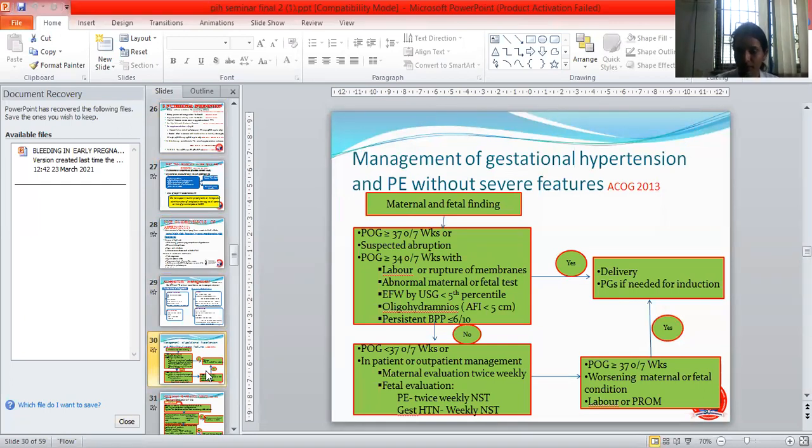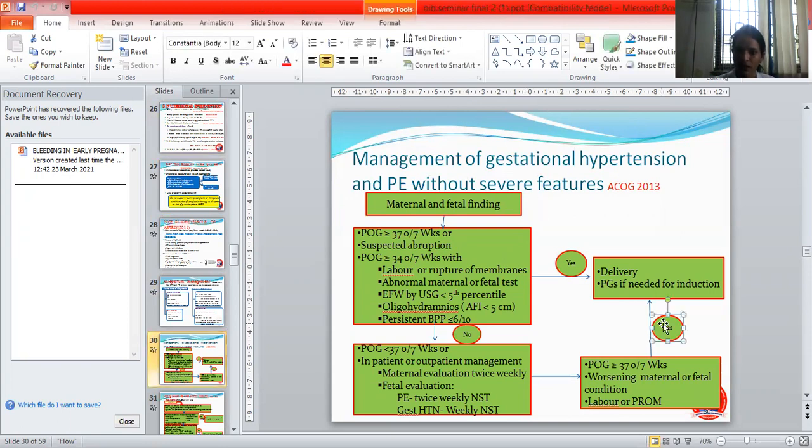Like this, hypertension can be managed up to 37 completed weeks unless there is any indication for earlier termination. Like when the period of gestation is more than or equal to 37 weeks, or when there is suspected abruption, or when the patient has severe features, that is labor or rupture of membranes, abnormal fetal evaluation or maternal evaluation, or when there is IUGR and oligohydramnios, or if the persistent biophysical score remains less than or equal to 6.